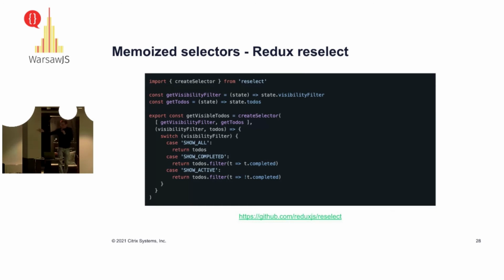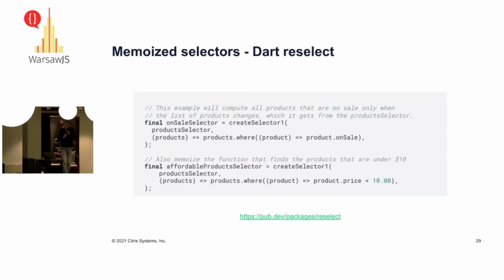If you are not aware of that, you can read about it at this link. The thing that makes this really faster is memoized selectors. It uses a cache. It's a pure function, right? It gets the same input, it gets the same output. So we can set up a cache so that we avoid unnecessary recalculations.